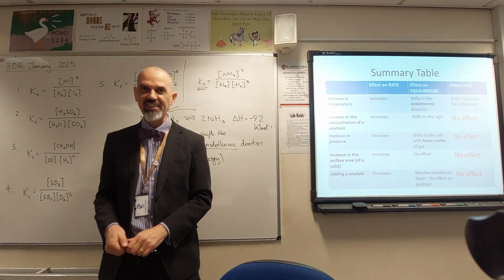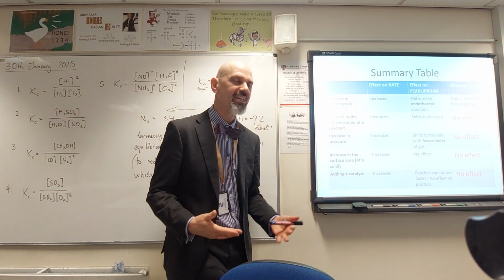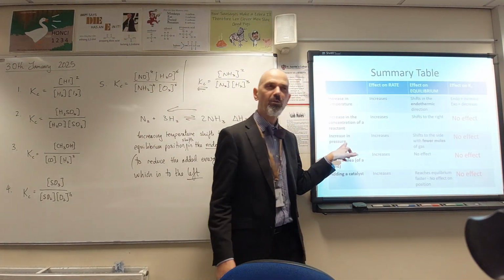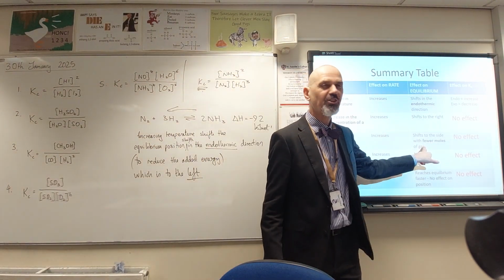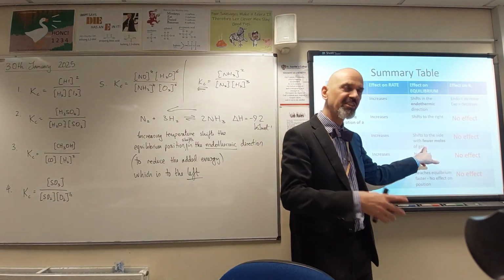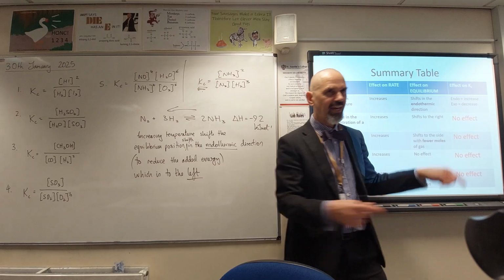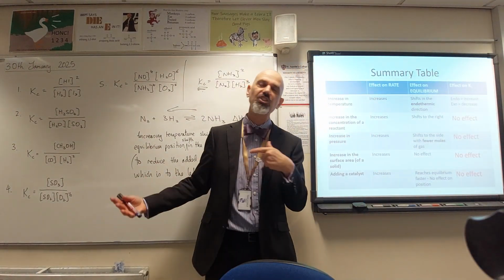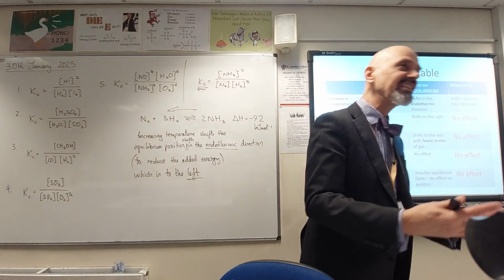Okay, which is why I put it in large, loud, red letters. I suggest you do something similar, because it's a really common exam question. You'll have an equilibrium that you've never seen before, and then they'll ask you about the effect of pressure on the equilibrium position. You'll have worked it all out. That side's got fewer moles of gas, so it must shift in that direction. You've written your Le Chatelier answer talking about it shifting to the right to decrease the added pressure.